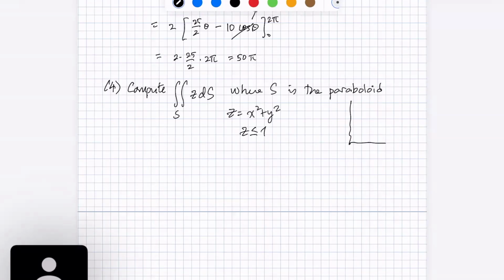Here, what kind of picture do we have? We have a paraboloid like this. It is shaved off at the top by the plane z equals 1.